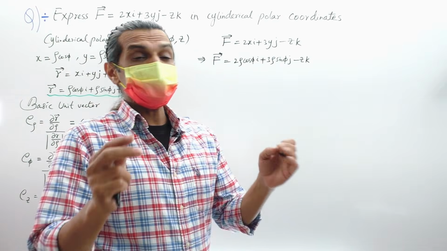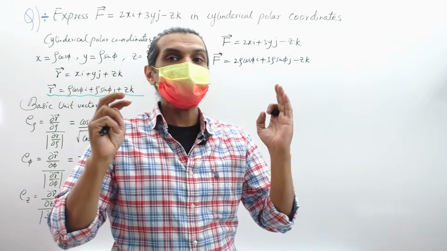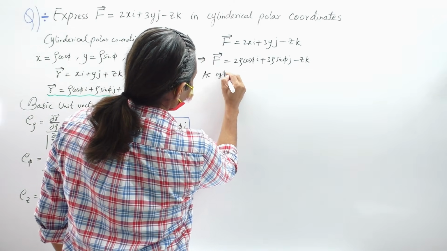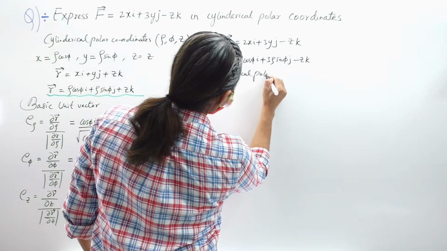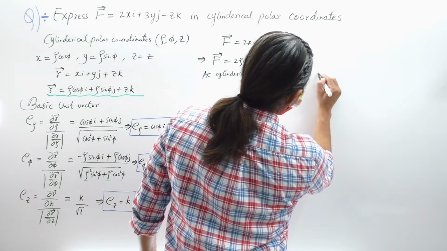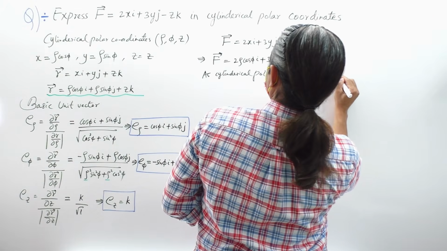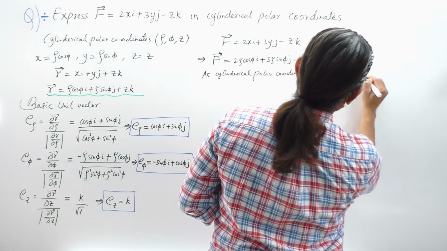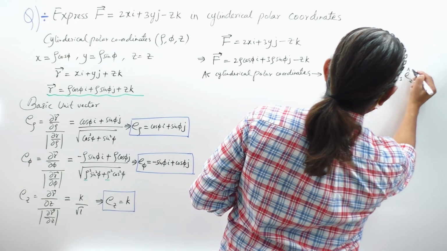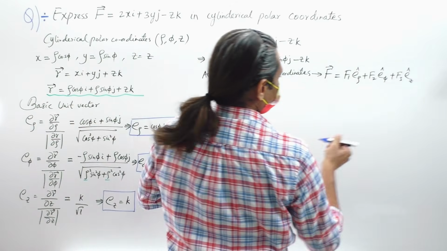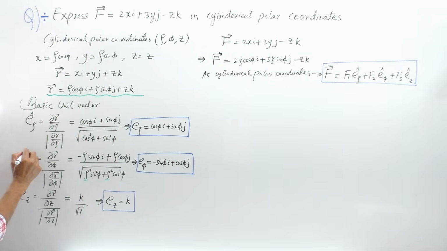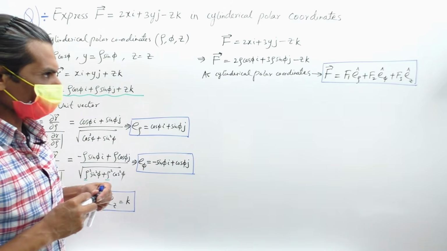Now there is a relation to convert any vector given to cylindrical polar coordinates, and the simple relation is, I'll write here, cylindrical polar coordinates: F vector is equal to F1 E rho cap plus F2 E phi cap plus F3 Ez cap, where E rho cap, E phi cap and Ez cap are the basic unit vectors that we have already found. Sorry, this is the correct way of representing the basic unit vectors.